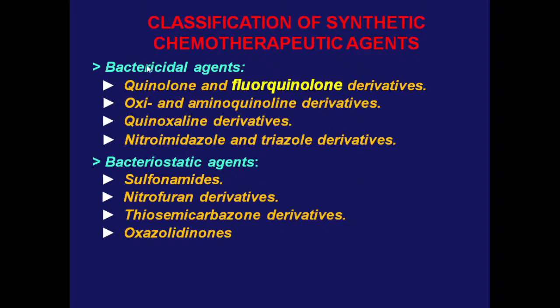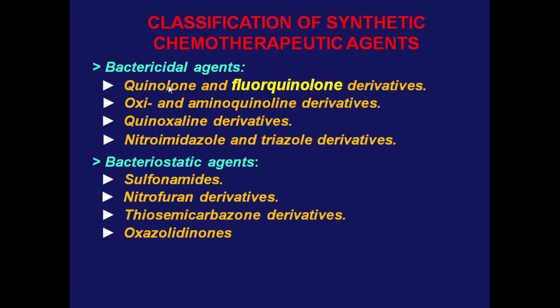But synthetic antibacterials include the following chemical groups. First of all, bactericidal agents and bacteriostatic. Bactericidal means active, effective. They cause the death of microorganisms. Bacteriostatic cause delay of growth, deceleration of growth of microorganisms.